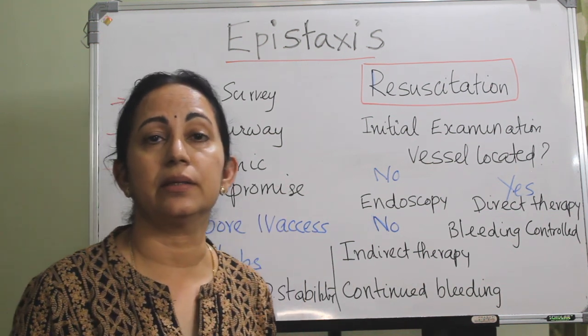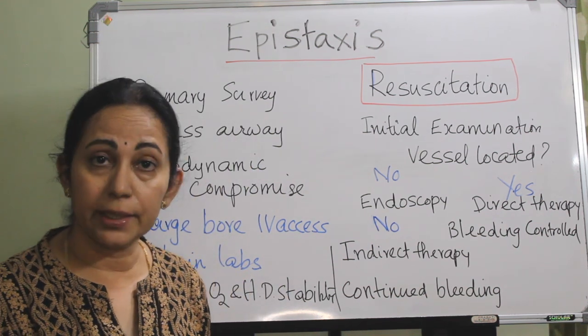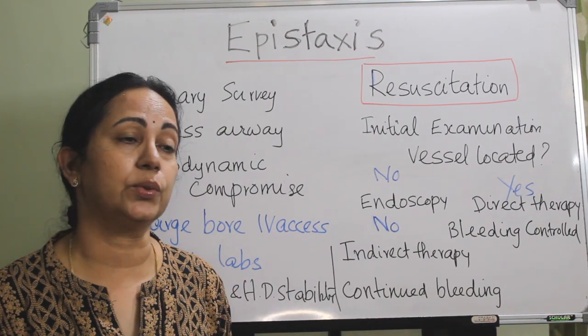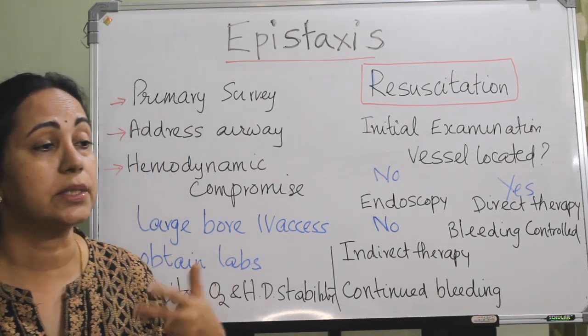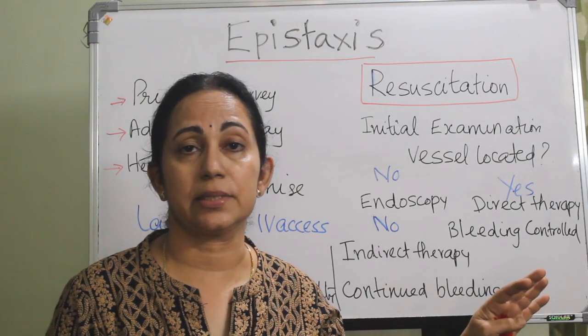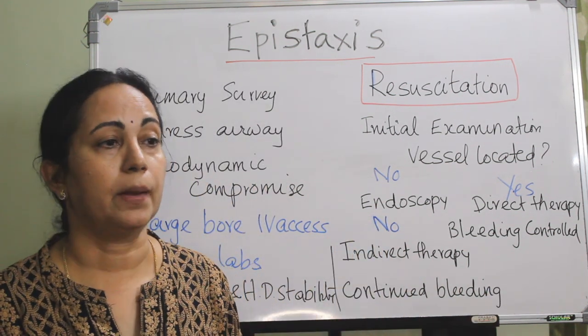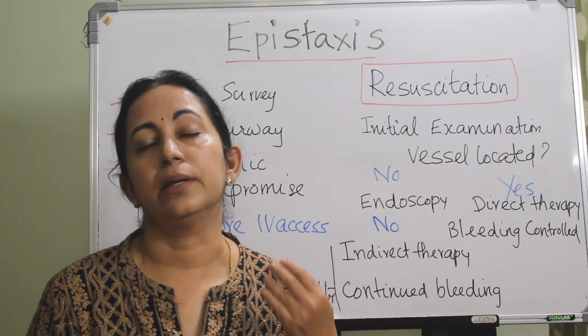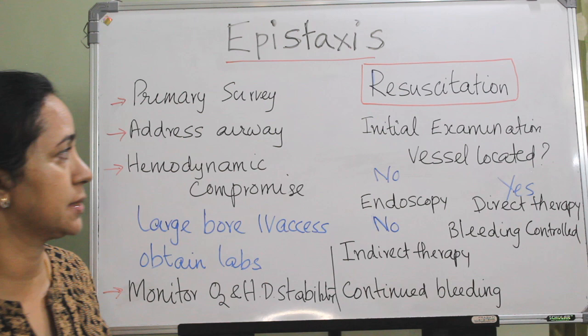So everything that may cause an epistaxis, like history of any anticoagulant drug usage, history of any hypertension, history of trauma, history of liver diseases, history of alcoholism. All the causes that may lead to epistaxis should be asked very quickly along with the resuscitation measures.